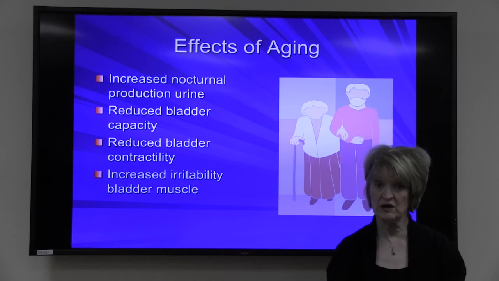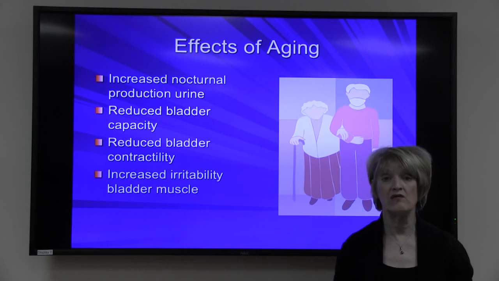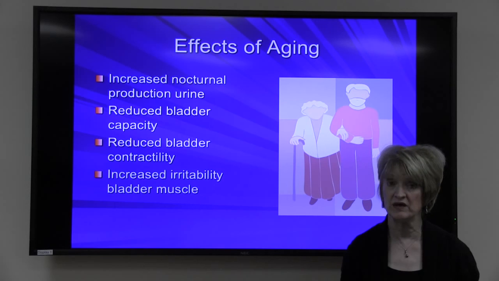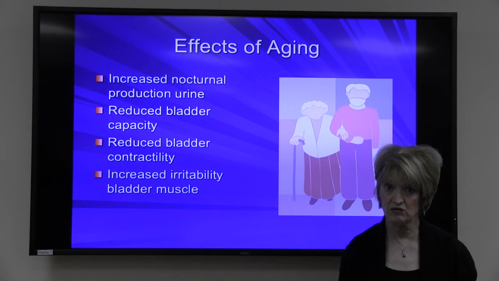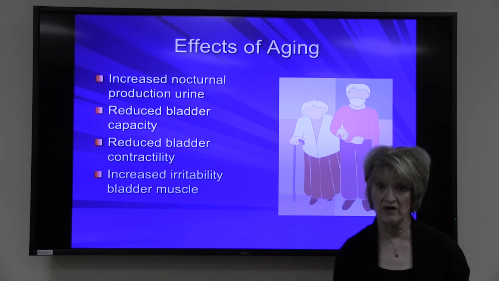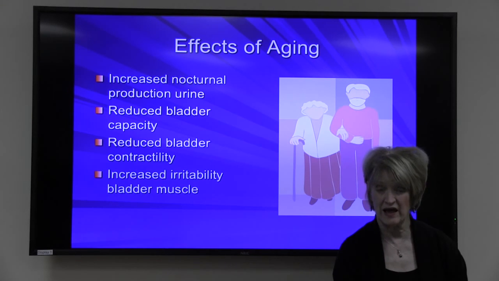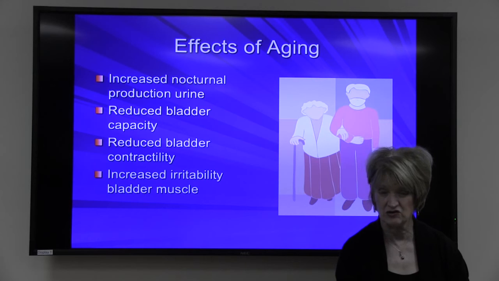So nocturia is considered normal for older individuals, but it can also be very frustrating for them, and it can interrupt their normal sleep cycle, which has a number of other negative effects. So there's actually a lot of research ongoing now looking at nocturia and the factors that cause nocturia and best management.